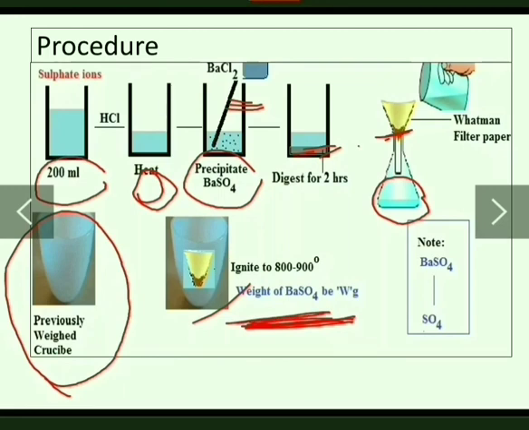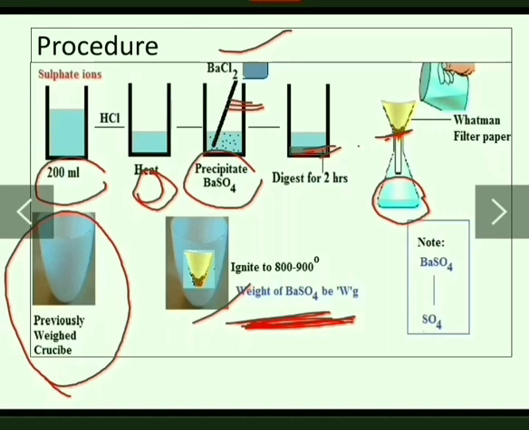Let me repeat again. First you have to take 200 ml of water sample. Next you have to add HCl. After adding HCl, we have to heat it until the volume reduces to 50%. Then you have to add barium chloride with stirring. When you add barium chloride with stirring, you get a precipitate. Keep it aside till the precipitate settles down.